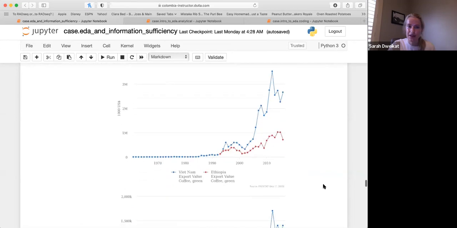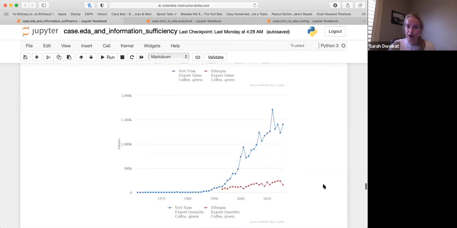And let's look at a second graph here for Vietnam's export quantity. This is actually also a good point to think about. Is the coffee that you're harvesting coffee you are able to export? Just because you've harvested it, can you sell it? Can you export it? And how much of it are you actually able to export?